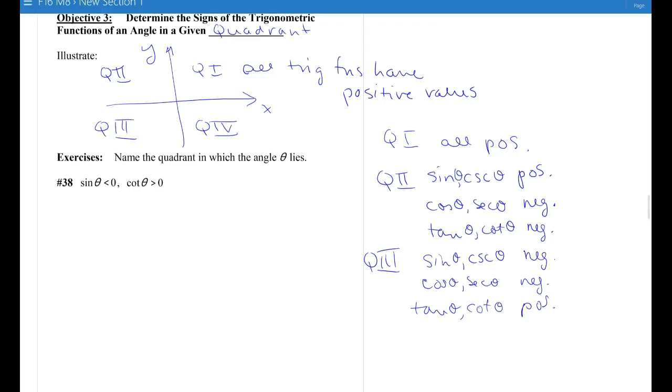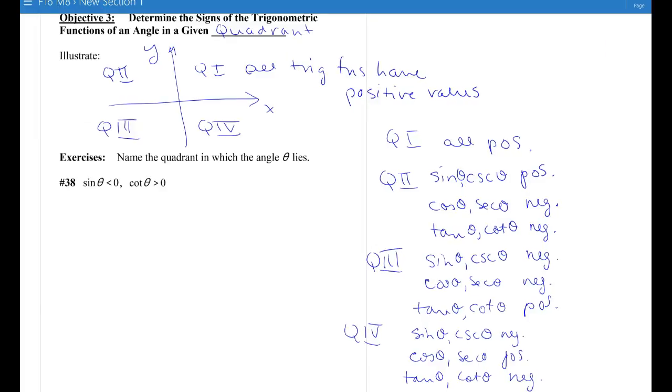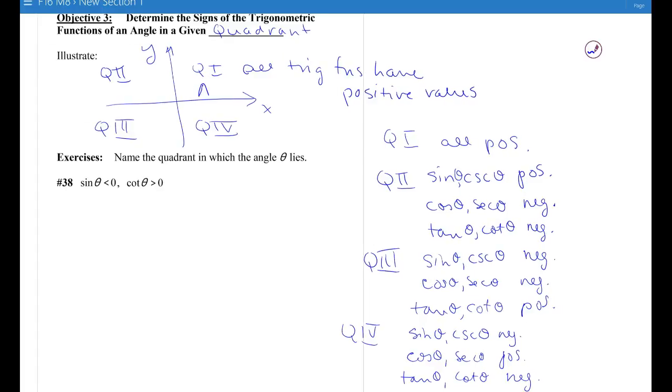So then in quadrant 4, you can see that the sine and the cosecant are negative. The cosine and the secant are positive. And then tangent and cotangent, because you're doing the ratio of a negative and a positive, those are going to be negative.